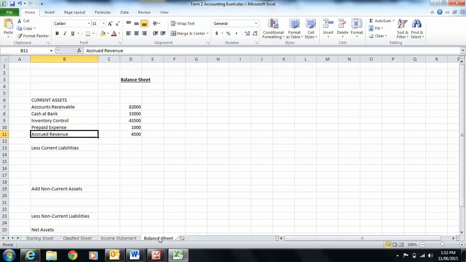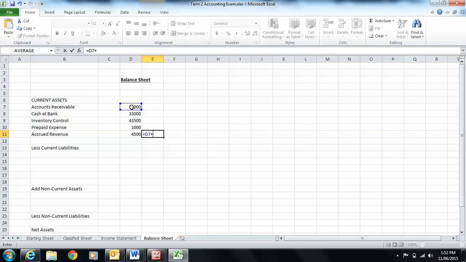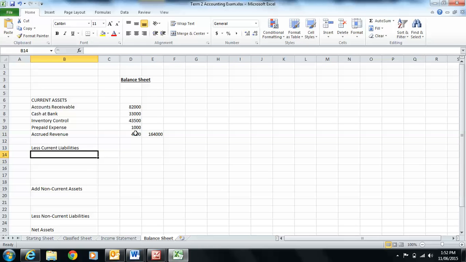We can now make a total of all of these current assets. So we have $164,000 in current assets.